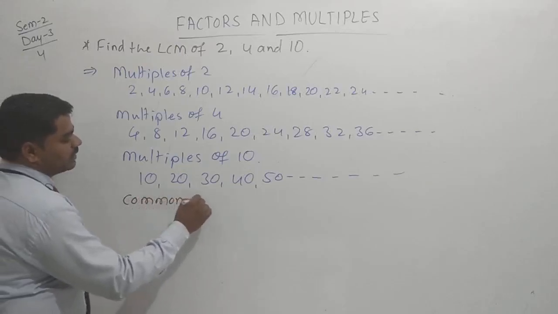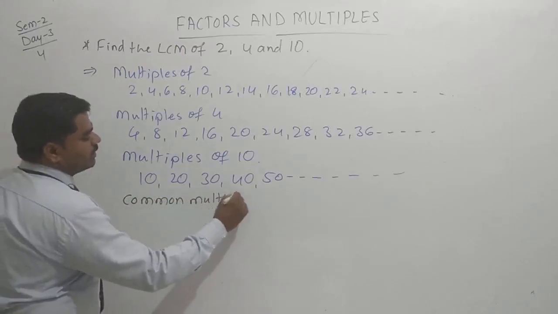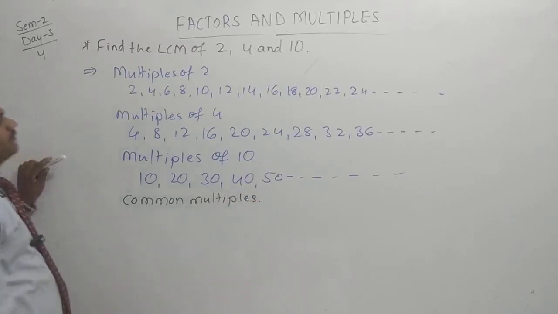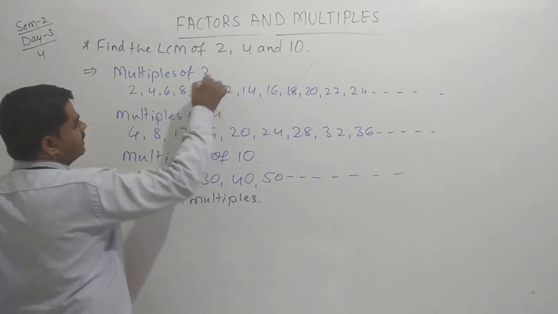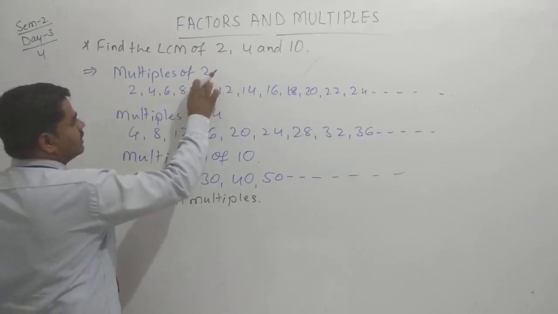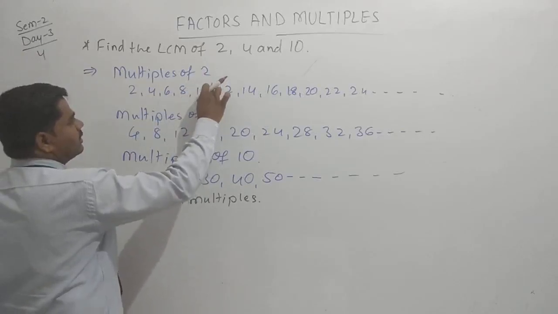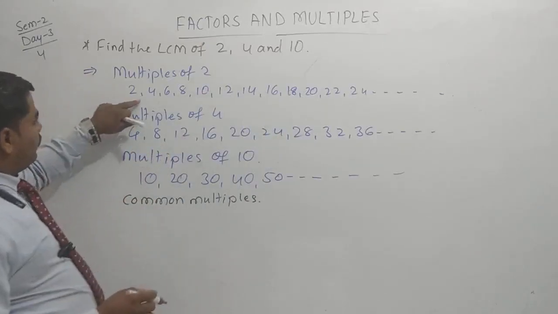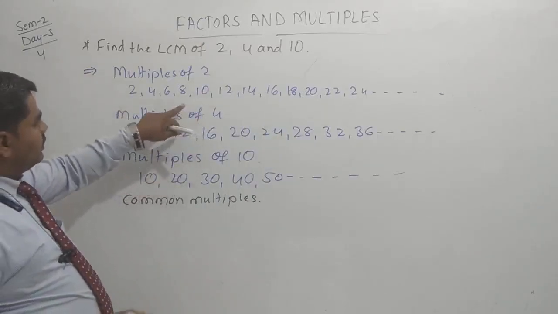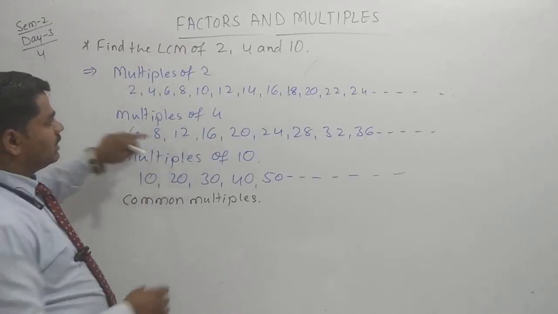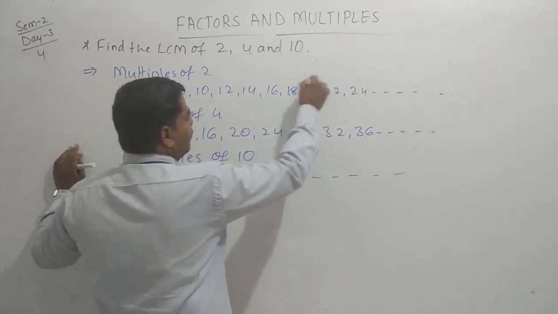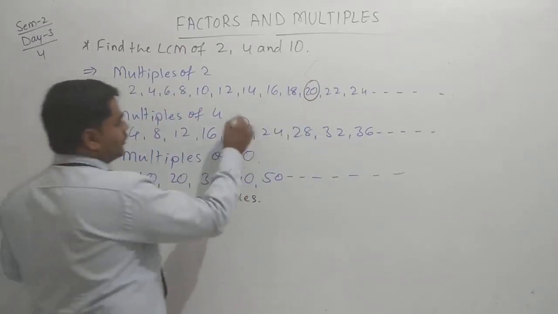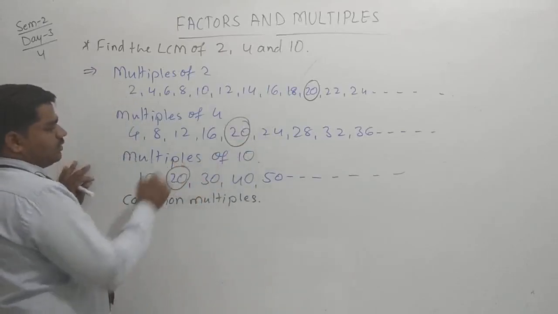What are the common multiples? Here 10, but 10 is not there in the multiples of 4. The first common one is 20 we can take. Here also 20, here also 20.